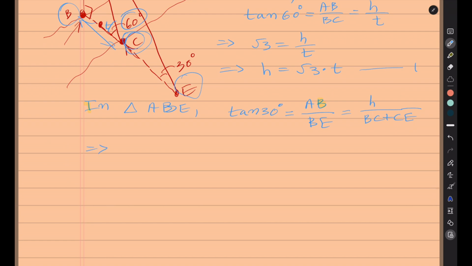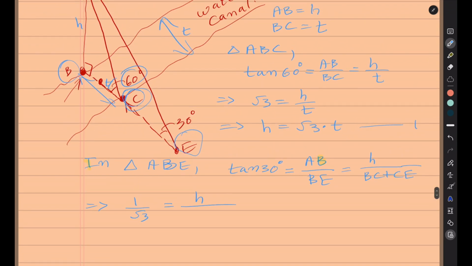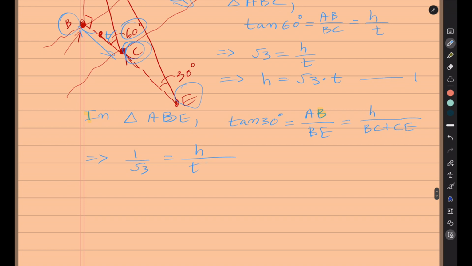So tan 30 is 1 divided by root 3, and that is equal to H divided by BC. What is BC? BC is the width of the canal, T, plus CE. CE we don't know?